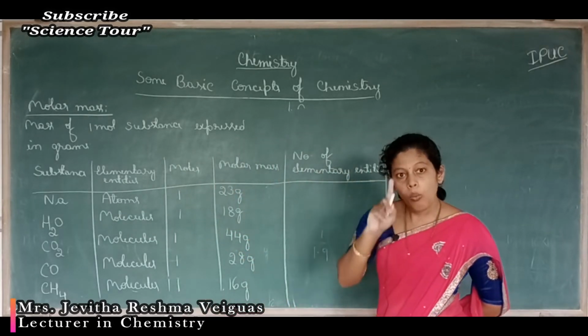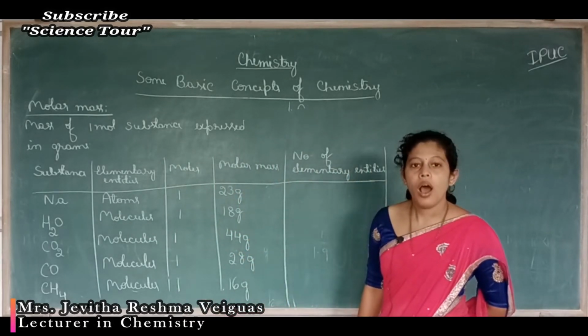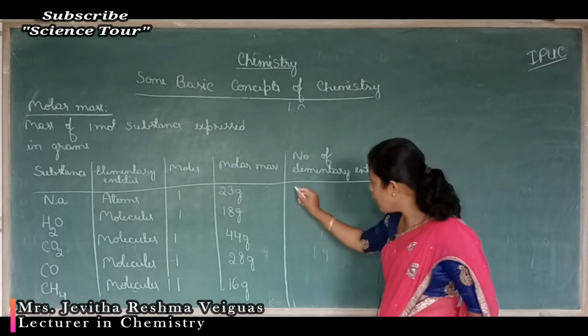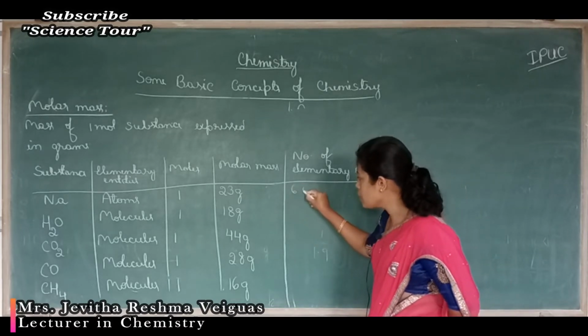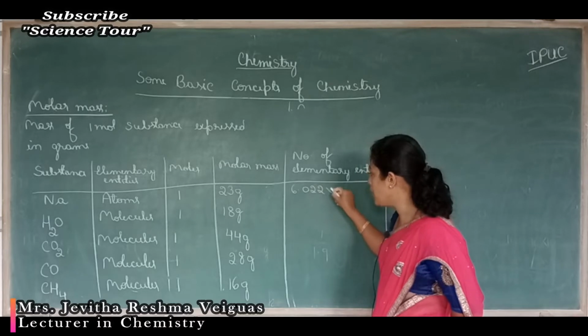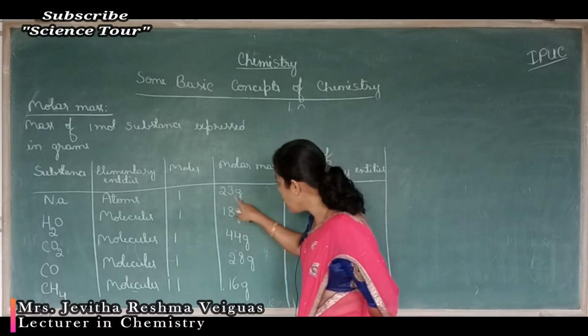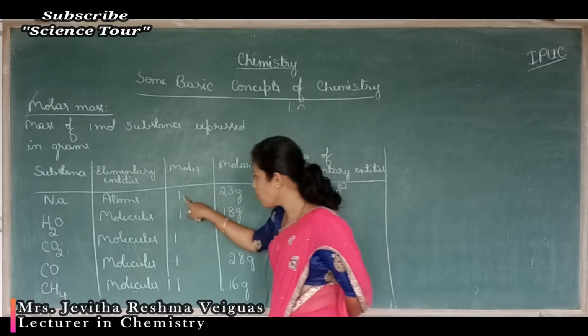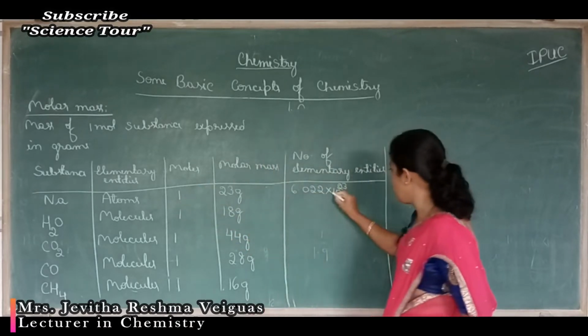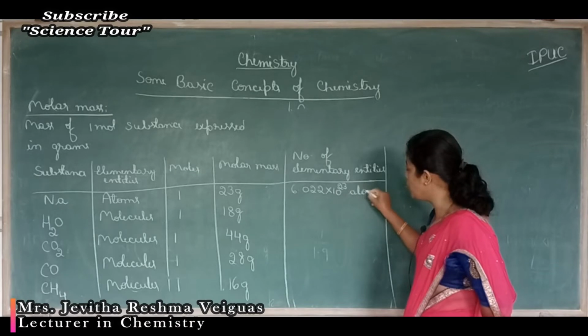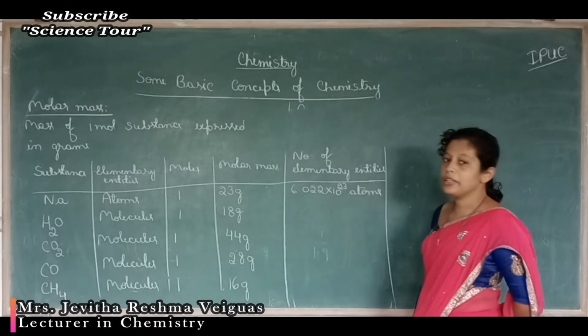Students, we know 1 mole always contains the Avogadro number of atoms. What is the value of the Avogadro number? That is 6.022 into 10 to the power 23. So 23 grams of sodium means 1 mole of sodium, which contains 6.022 into 10 to the power 23 atoms of sodium.